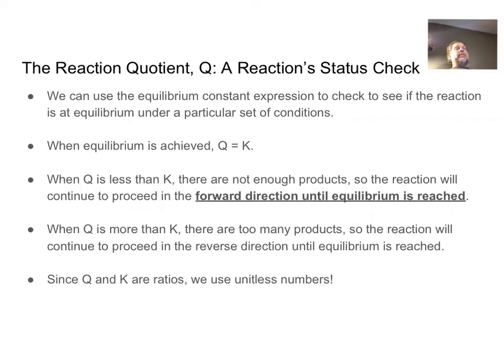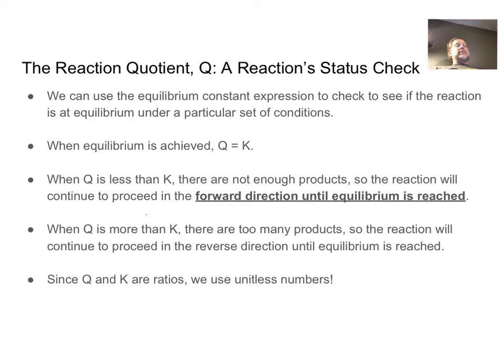The other thing that we have to keep track of is the reaction quotient, which is something we call Q. So we can use the equilibrium constant expression to check to see if the reaction is at equilibrium under a particular set of conditions. When we have equilibrium in a particular reaction, Q is equal to K. So the equilibrium constant and the reaction quotient are the same value.